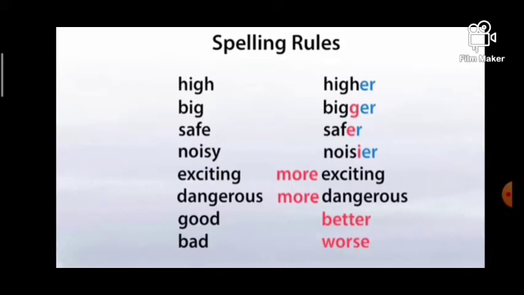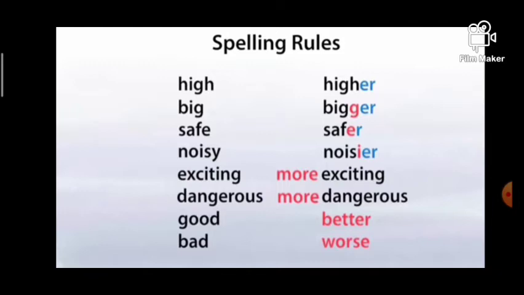W-O-R-S-E, worse. So in the first rule we have to add ER: high, higher. Second rule, G will come double: big, bigger. In the third rule, safe, no need to write E again, only add R: safe, safer. In the fourth rule, noisy, we have to remove Y and instead write I and then ER: noisier.